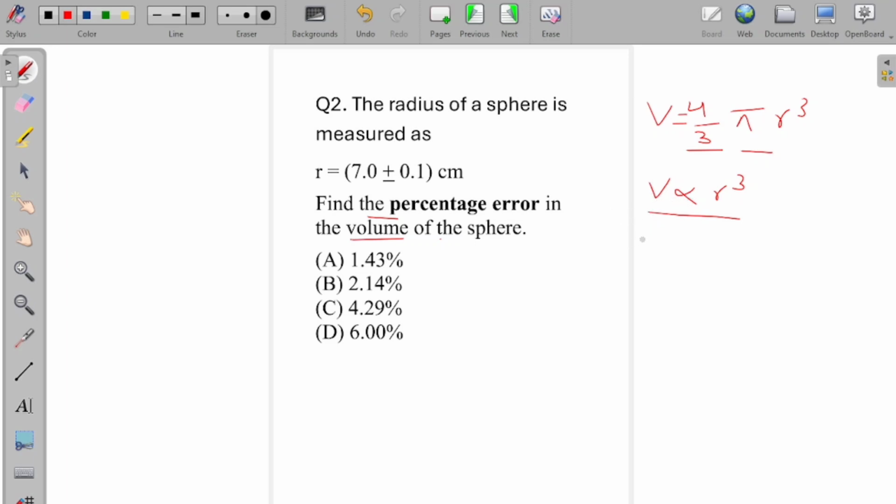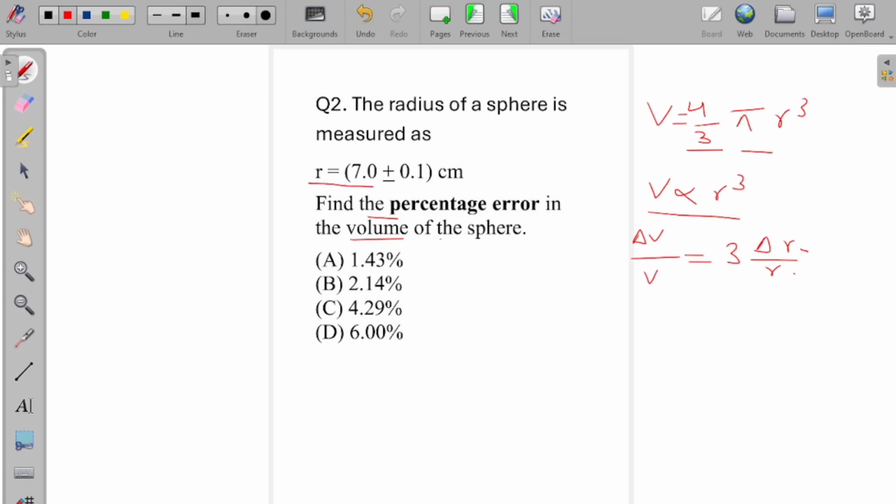Now we know that the expression for fractional error is delta V by V is equals to 3 delta R by R, where delta V is absolute error in volume and V is the value of volume. Same here, delta R is the absolute error in radius and R is the value of radius.